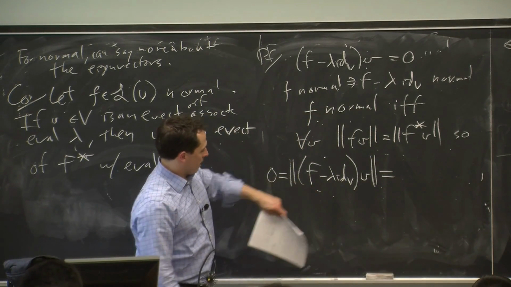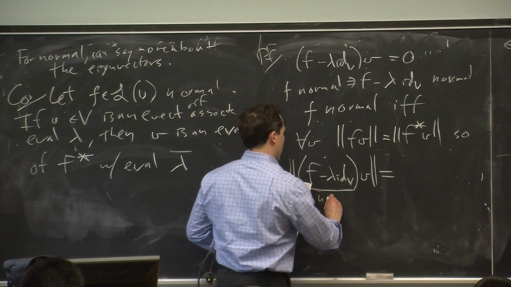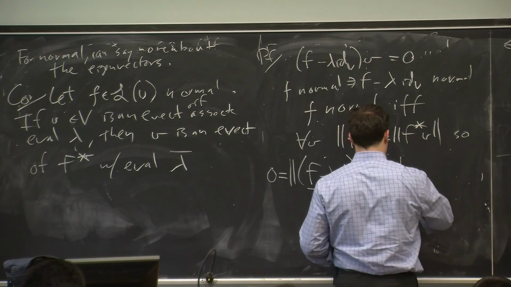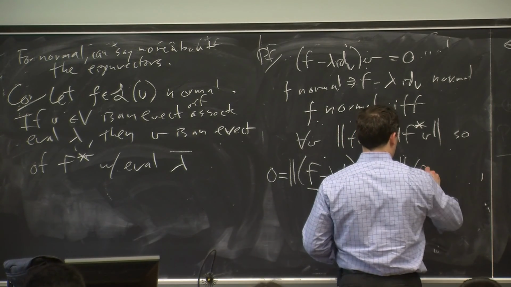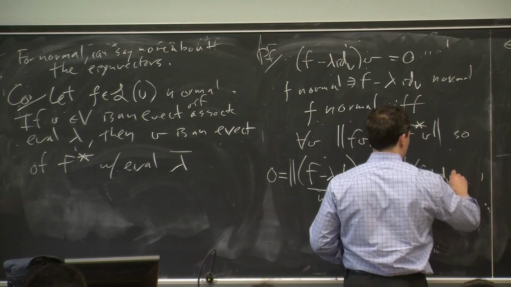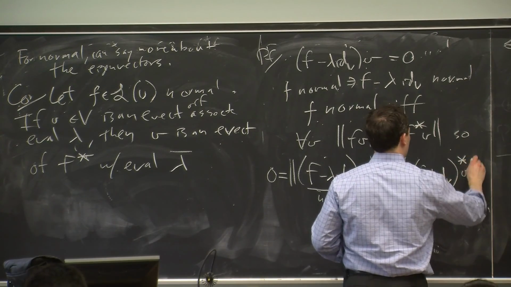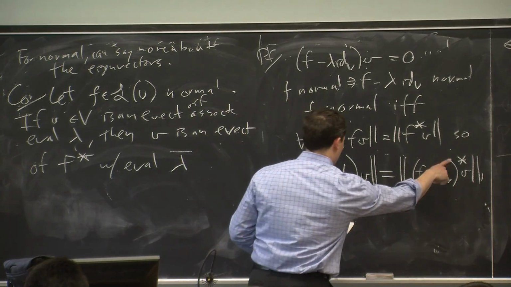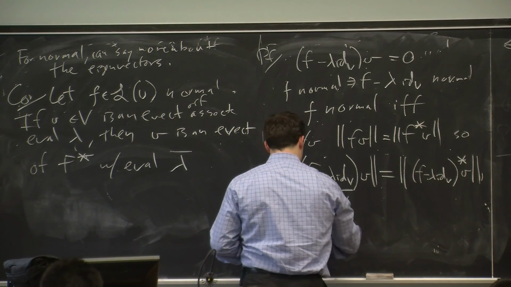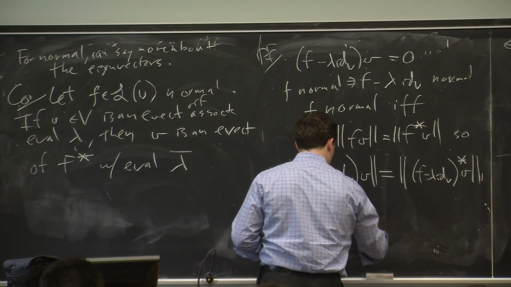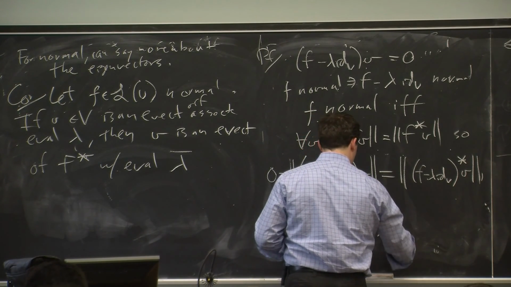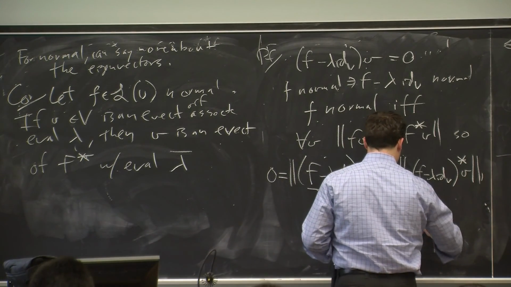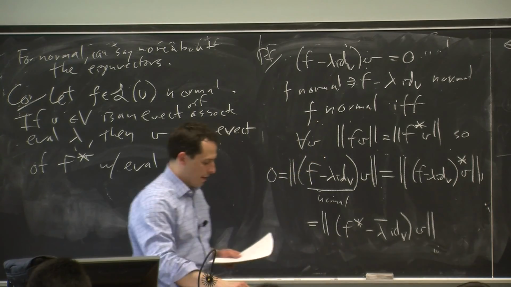Because this thing, f minus lambda I_V, is normal, I could take its adjoint without changing its norm. So (f minus lambda I_V) adjoint applied to v is also 0. I can put the adjoint inside the parentheses and write that as f adjoint minus lambda conjugate times the identity applied to v.